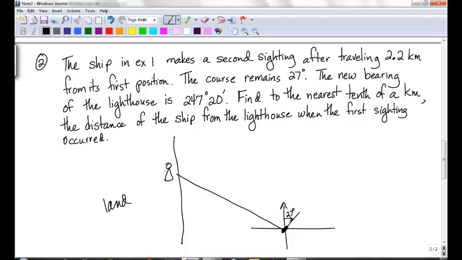You may have to adjust your pictures as you're drawing these. The ship traveled for 2.2 kilometers. It's still on the same course, so this is still 27 degrees.